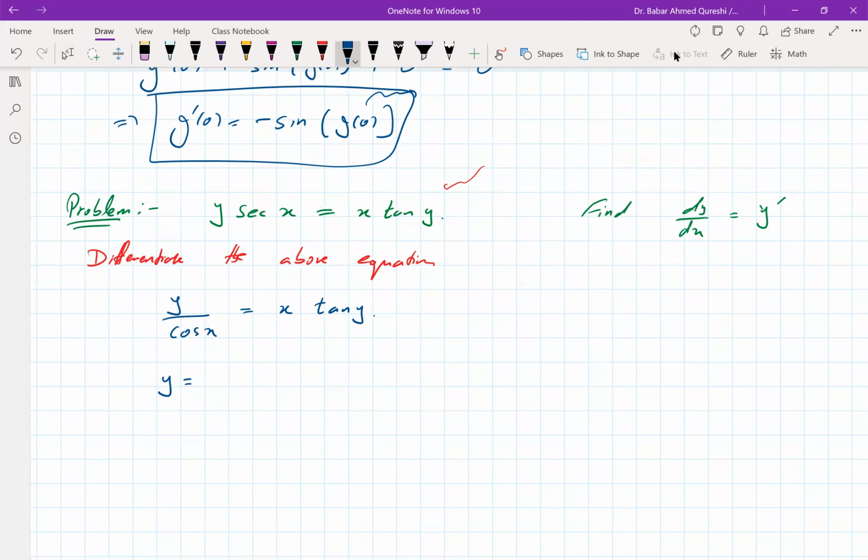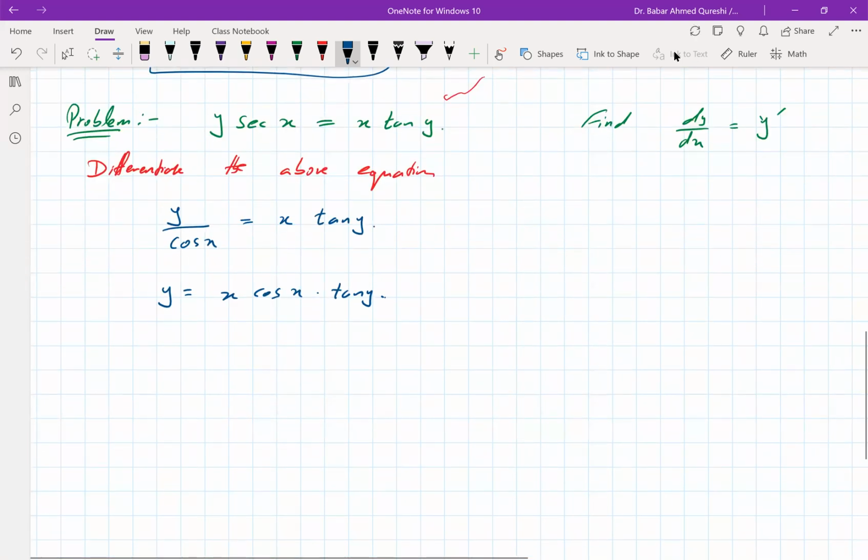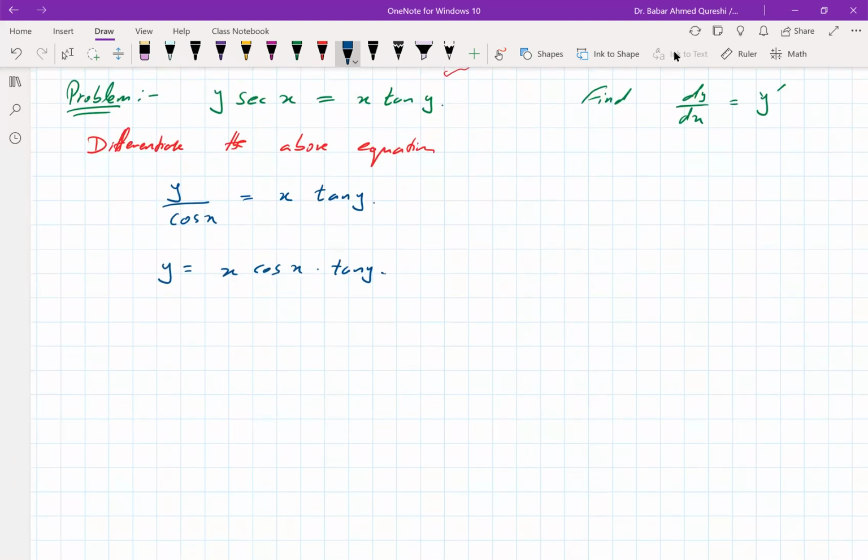So y is x cosine x times sine y over cosine y. Well, let's just keep it as tangent y because the derivative of that is easy enough. Now differentiate.